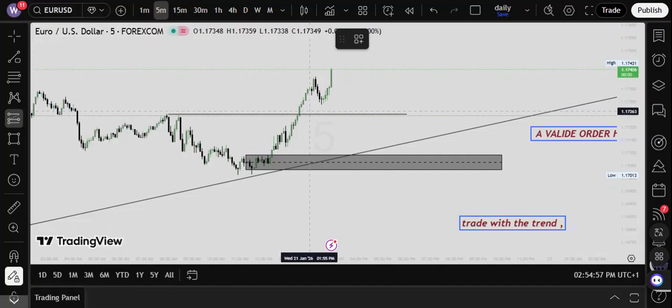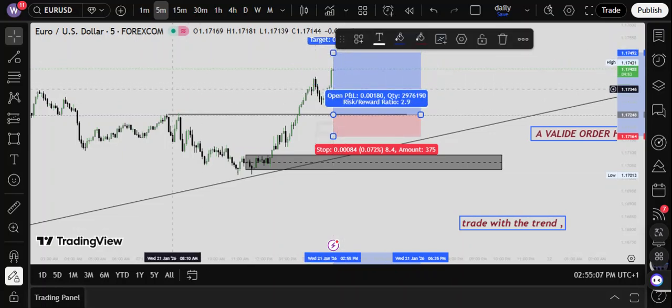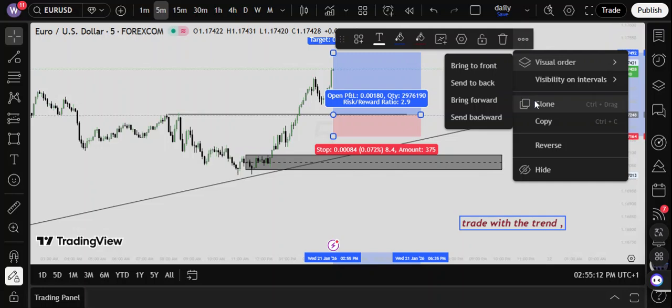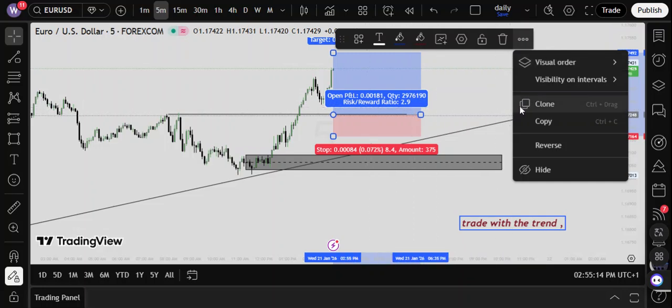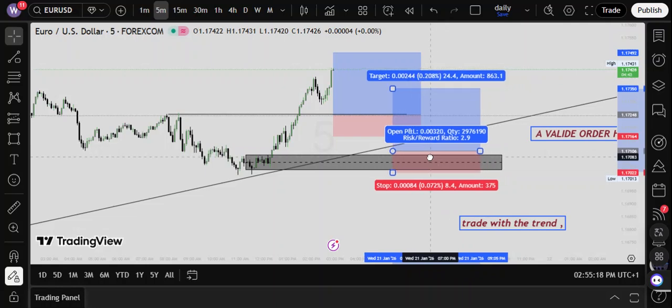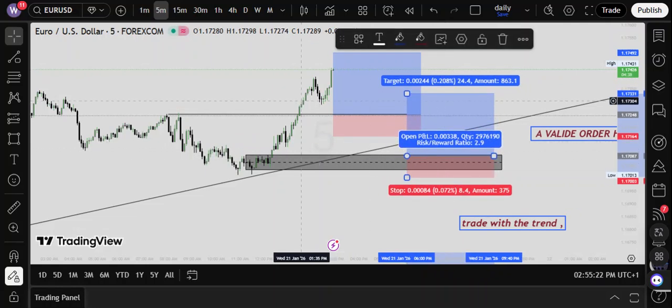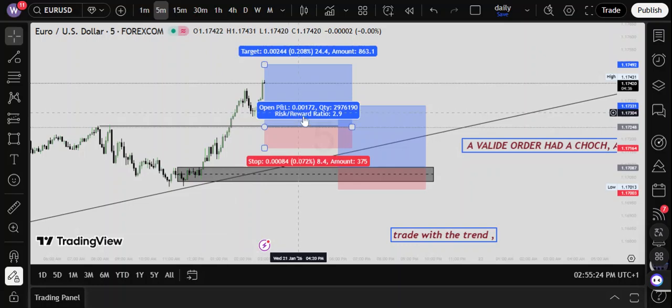Like I said, you want to trade alongside the trend, so you can be looking for this entry right here, or let's clone it quickly, or pick your entry right here. Either of these ways is where you can pick your entries.